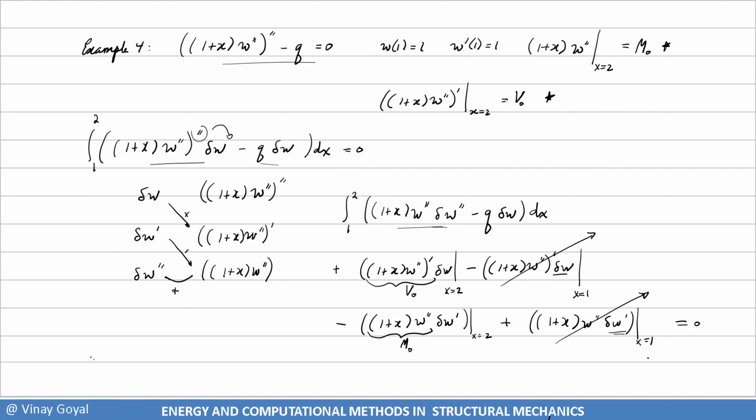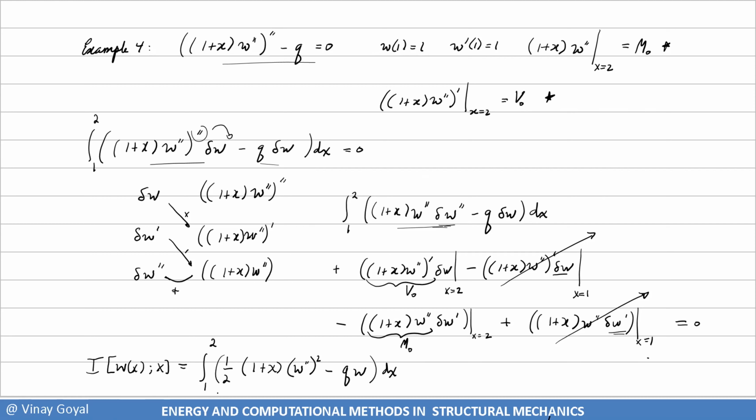So the functional becomes like this. One half, 1 plus x, W prime squared, right? Minus QW. Where I see del W, I'm making it W now.